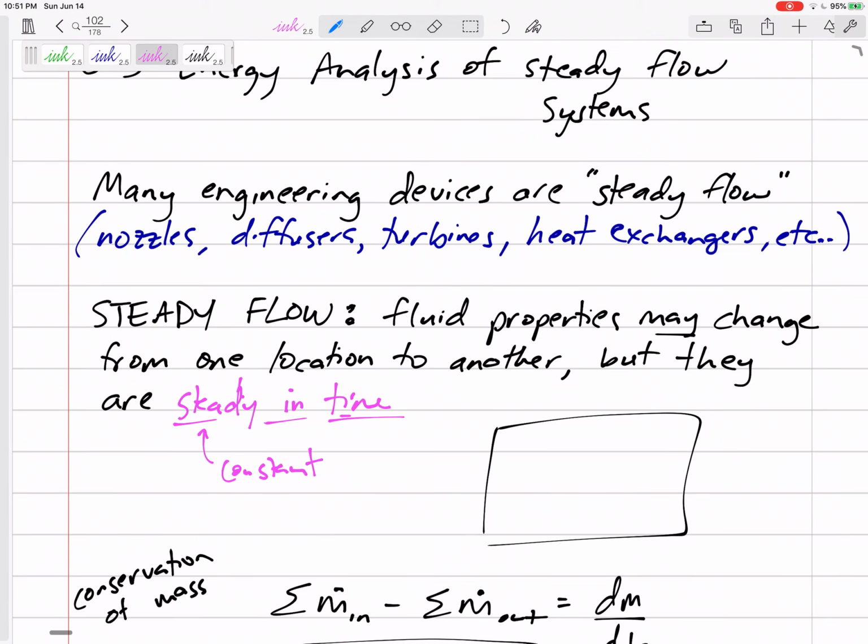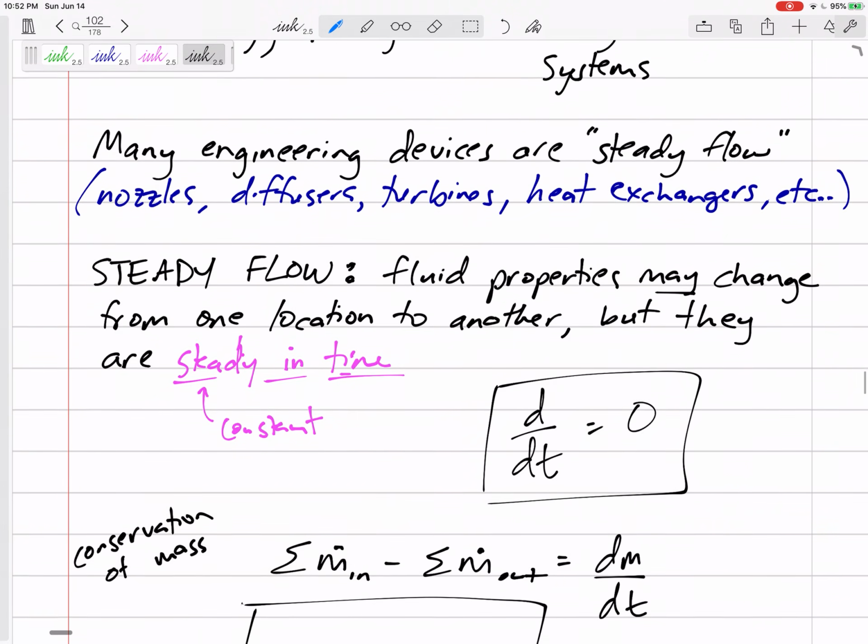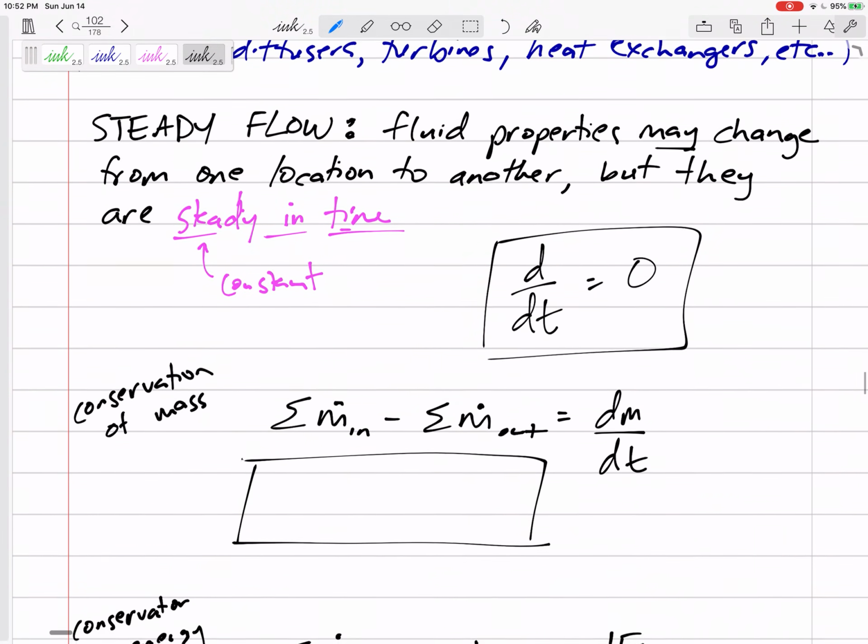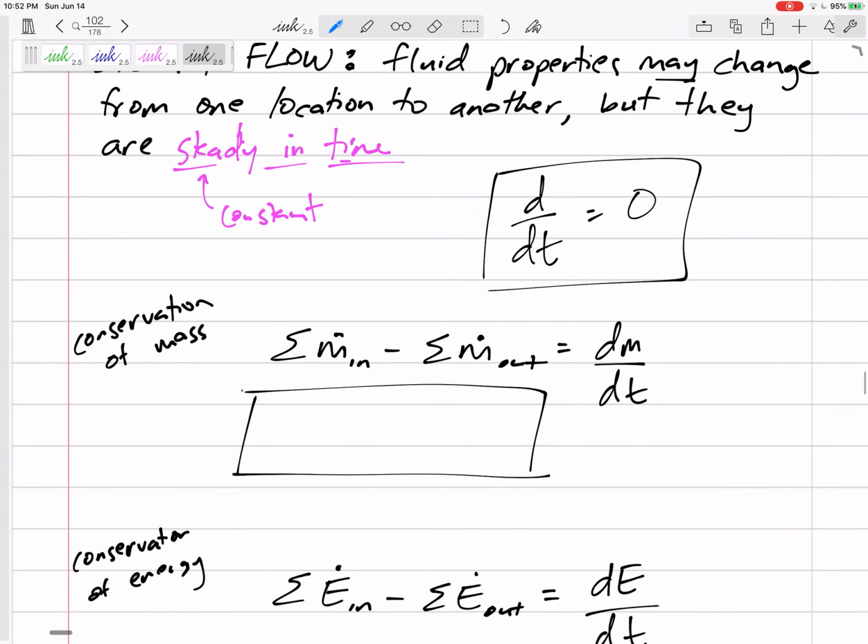They don't start at one value and then after 1 hour are a different value. Their derivatives with respect to time would be 0. If they're constant in time, then their d/dt will be equal to 0.